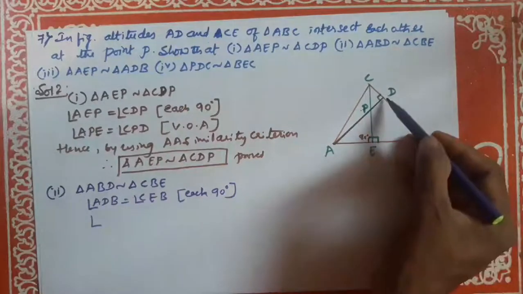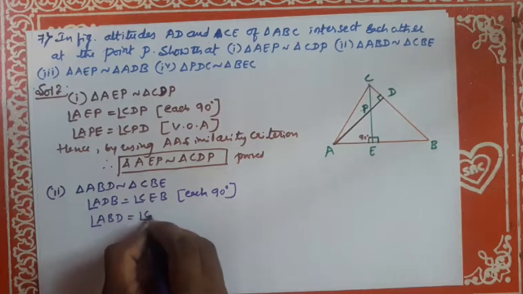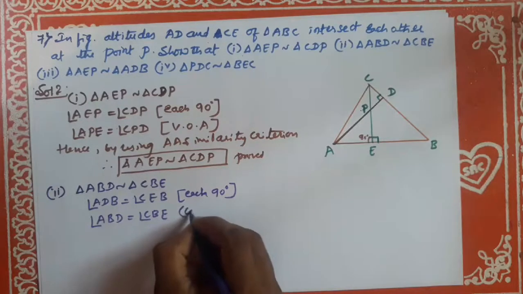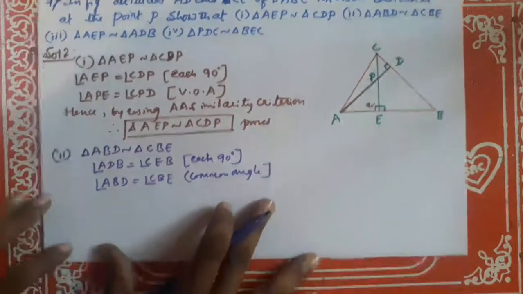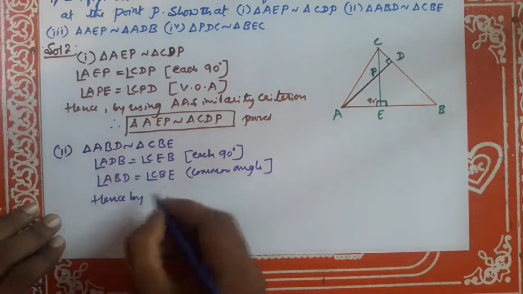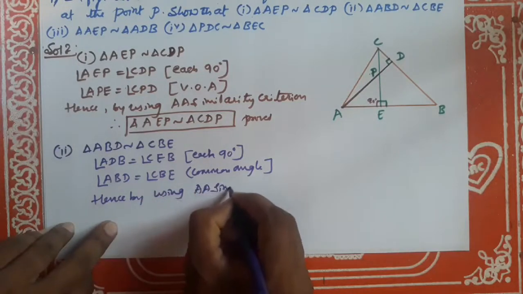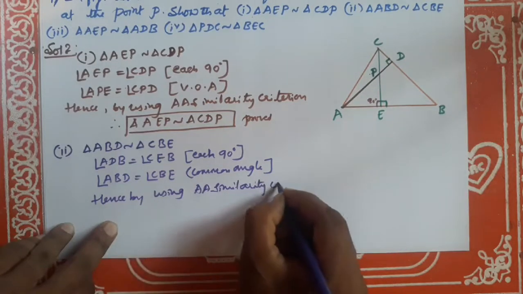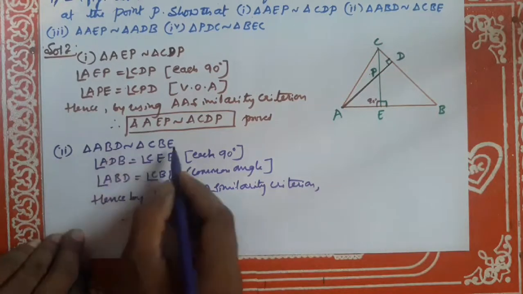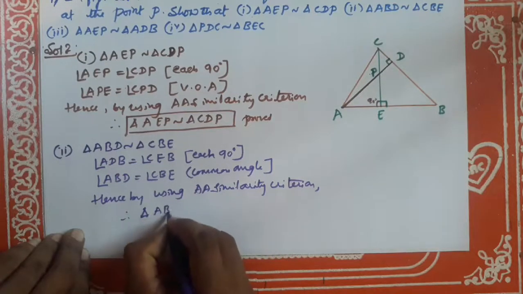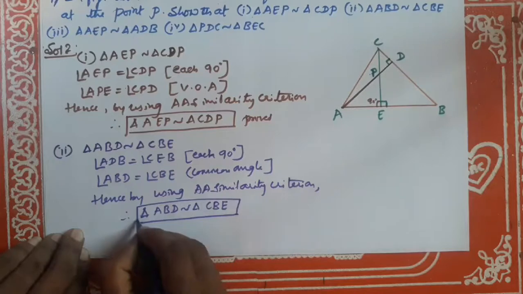Angle ABD is equal to angle CBE, which is the common angle, angle B. Hence, by the angle similarity criterion, triangle ABD is similar to triangle CBE.